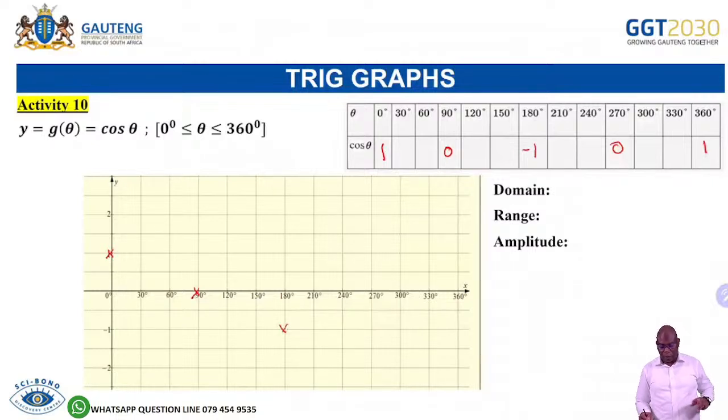So those graphs there, remember how to draw this type of graphs. These are the original graphs that we draw. Okay, so you can see that the amplitude is 1. It's from 1 to -1.